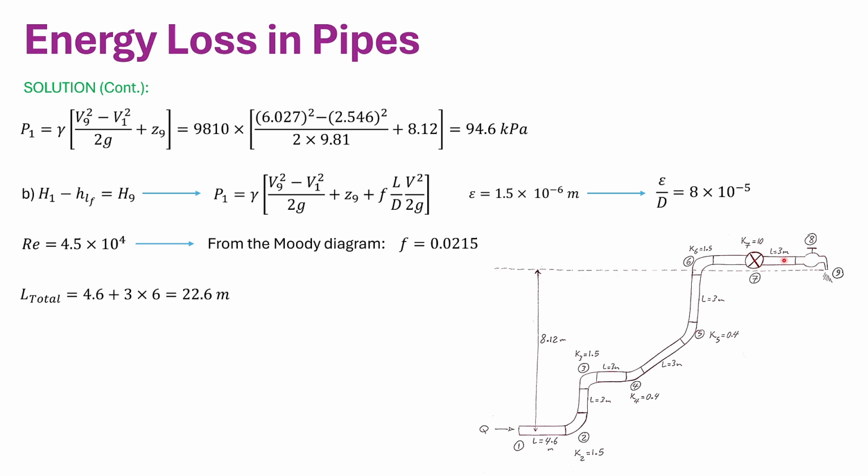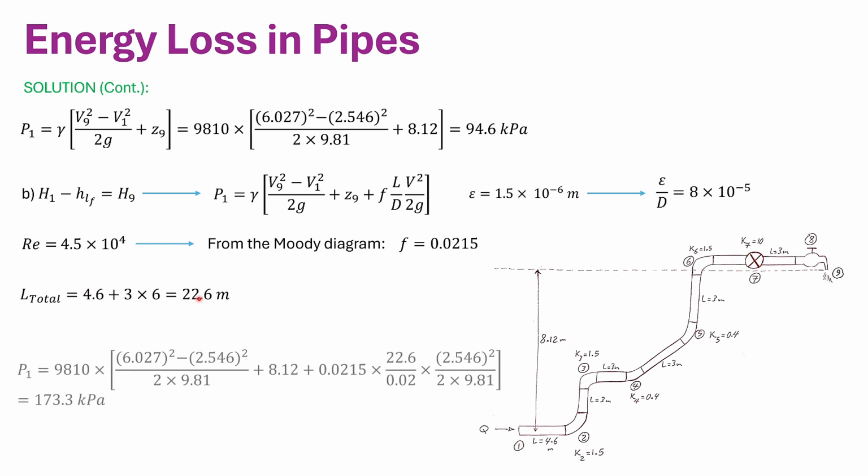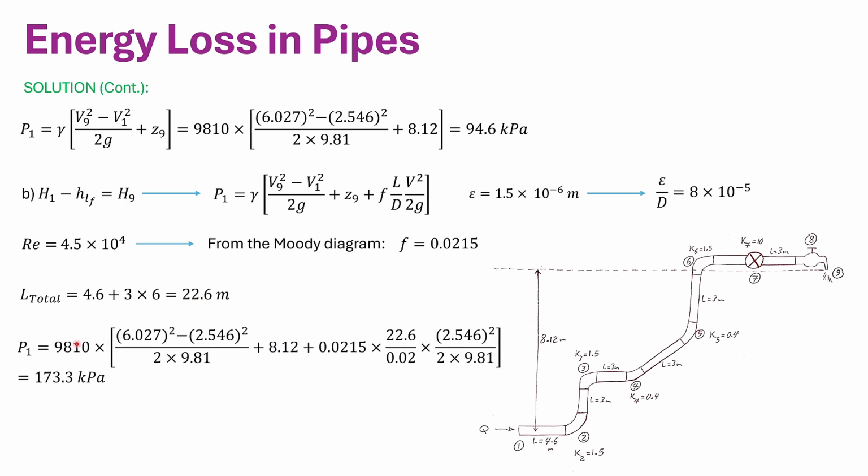Total length of the pipes is 22.6. Therefore, plugging in all the numbers we found, P1 equals 173.3 kilopascals. As you can see, it has to be higher because some energy is lost in the pipe. So the pressure at 1 should be higher than case A, where there was no loss in the pipes.